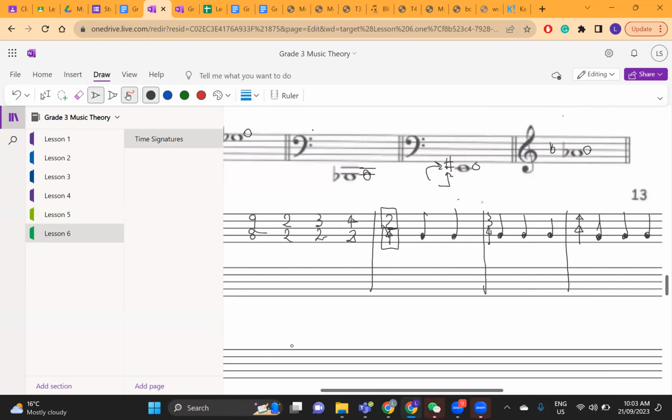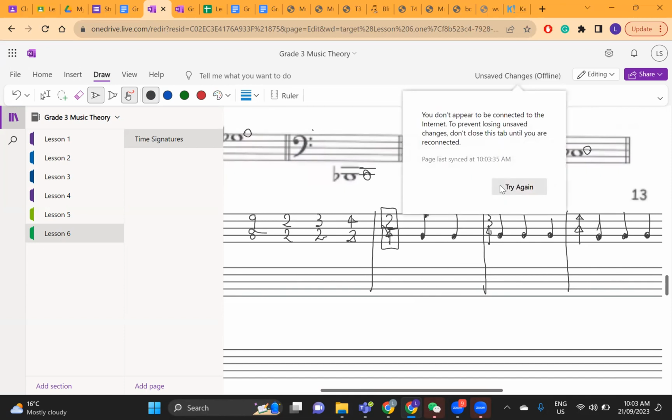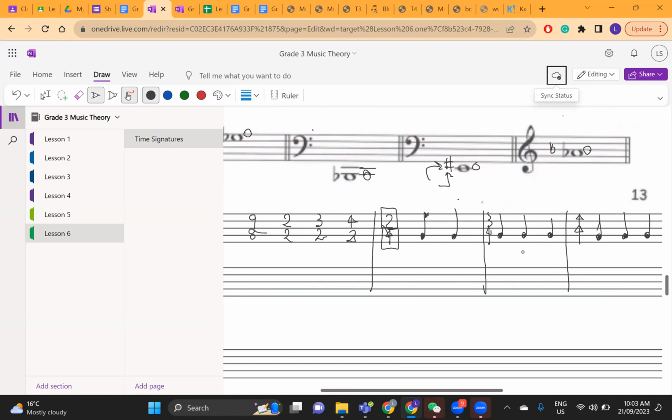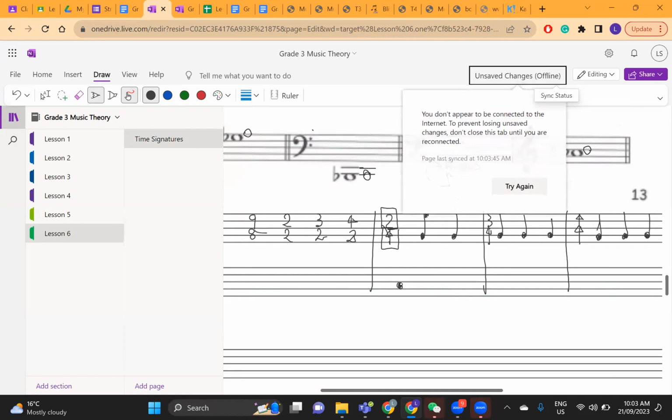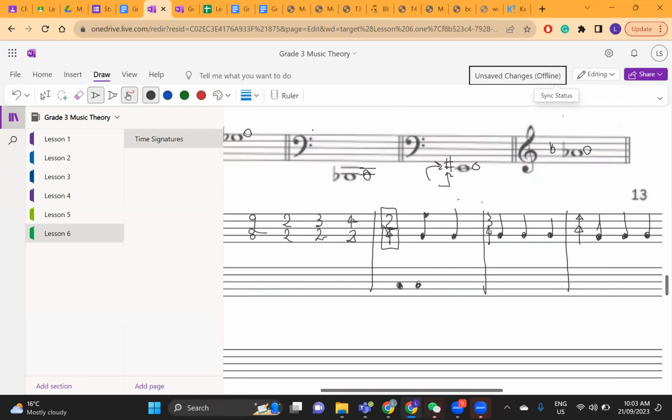So when you're doing your grouping in time signatures, what it means to have 2 crotchet beats, 3 crotchet beats, or 4 crotchet beats is that your quavers and semiquavers have to be beamed in terms of crotchet beats. You have to beam them properly.